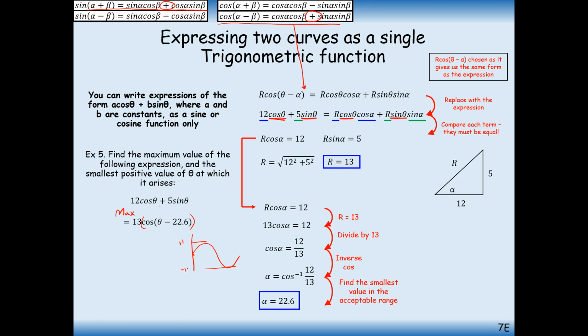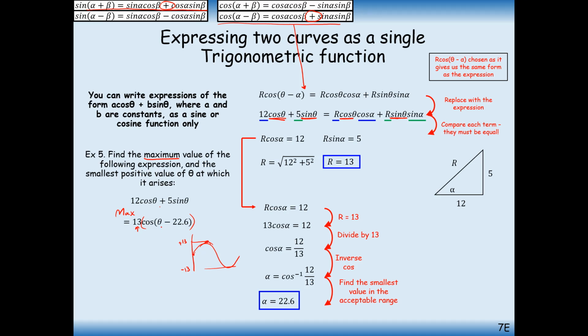But when we multiply by a factor of 13, the scale factor changes the amplitude to positive 13 and negative 13. We're looking for a maximum, by which they mean the y value, so the maximum y value is 13.